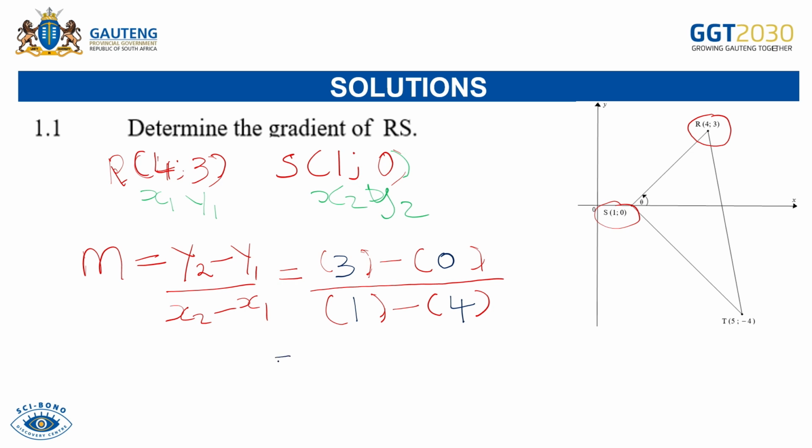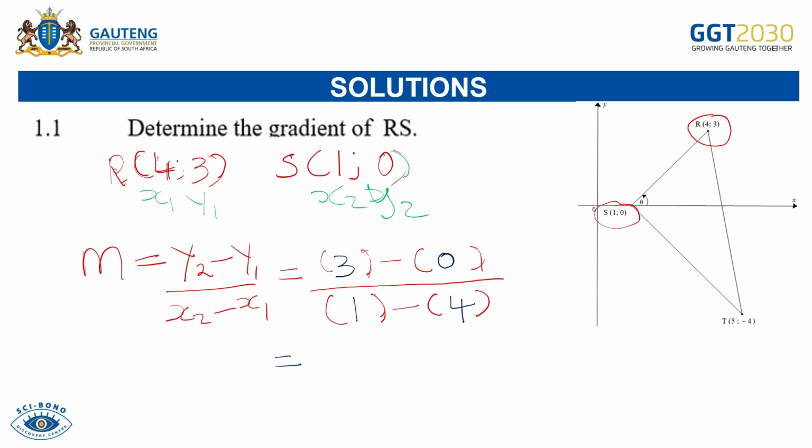So as you substitute that in your calculator, let's punch it in the calculator there. You have your 3 minus 0 over 1 minus 4.